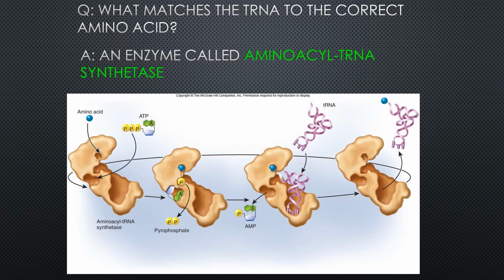It basically makes sure that we have an amino acid coming in, and of course as an enzyme it has a particular binding site. ATP does as well, right? And then we have the tRNA that comes in and binds, and so then it attaches the amino acid to the tRNA and then it's released from the enzyme. And so that is how every amino acid is attached to the correct tRNA, and that enzyme is called aminoacyl tRNA synthetase.